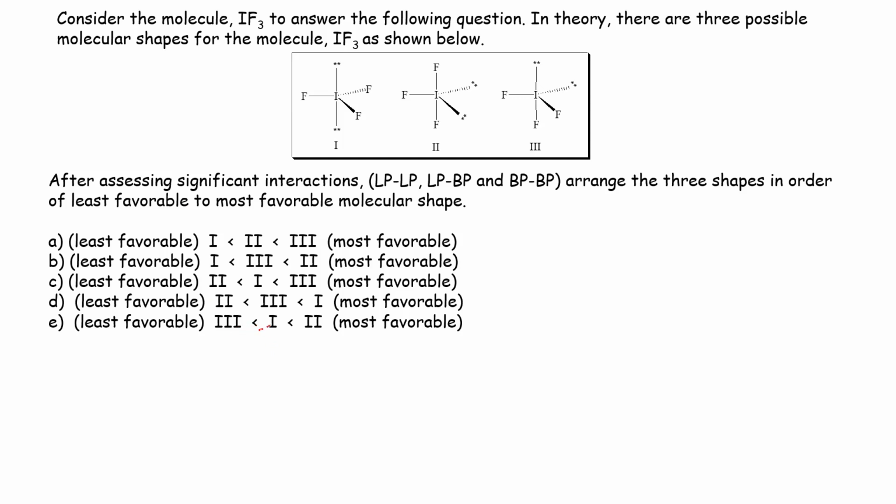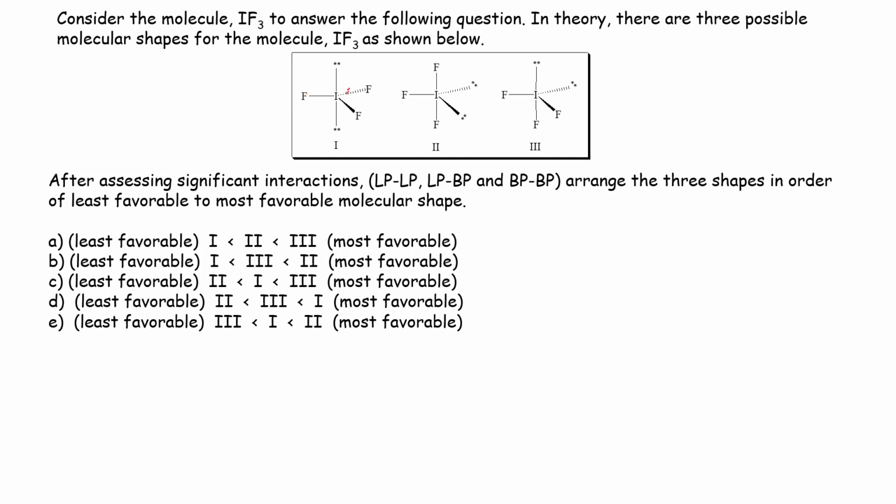But now we have to find out the order for number 1 and number 2. So why is 1 less stable than 2? Here we only have lone pair and bonding pair interactions. So in shape 1, let's take a look at how many lone pair bonding pair interactions there are. For this lone pair, that's 1 interaction, that's 90 degrees.